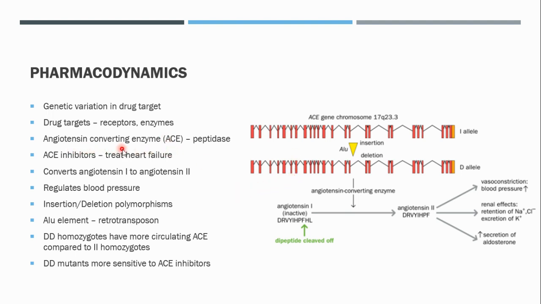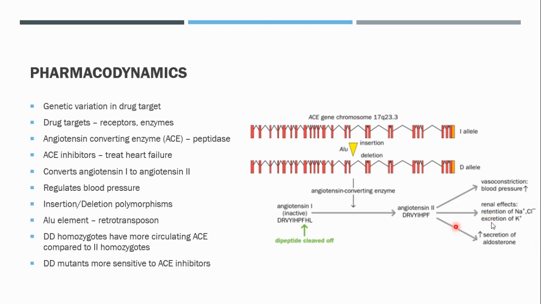The angiotensin converting enzyme, or ACE, is a peptidase that is responsible for cleaving the inactive form of angiotensin, angiotensin 1, to angiotensin 2, which is the active form of angiotensin. And angiotensin 2 is responsible for vasoconstriction, which results in increased blood pressure, renal effects, and secretion of aldosterone.